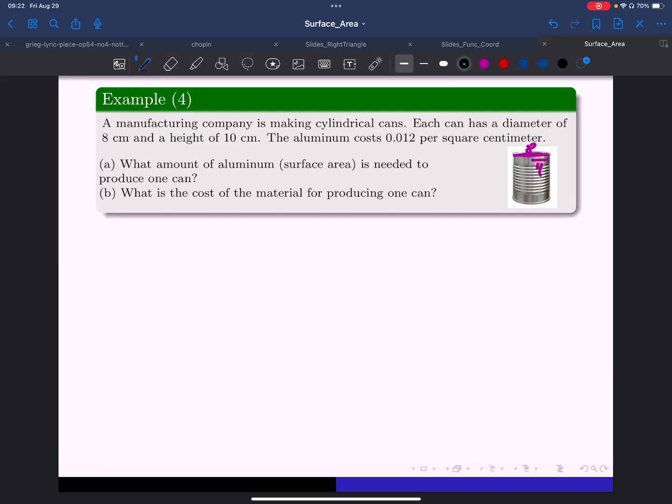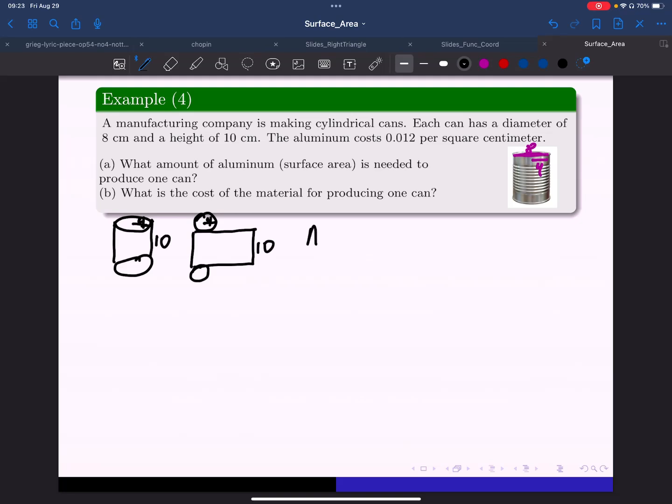So we have the cylindrical can, radius would be just 4, because the diameter is 8, so height is 10. So if we would like to cut this to see what is material, it's gonna be rectangle and 2 circles, right? And the radius here is 4, and the height is 10.